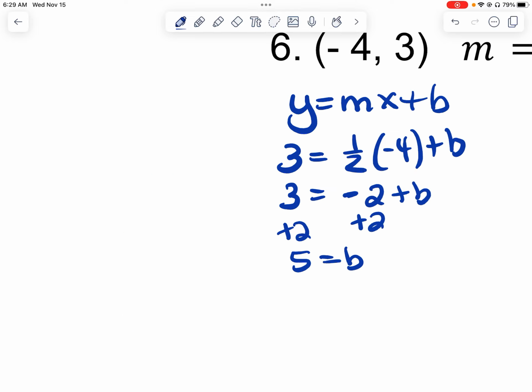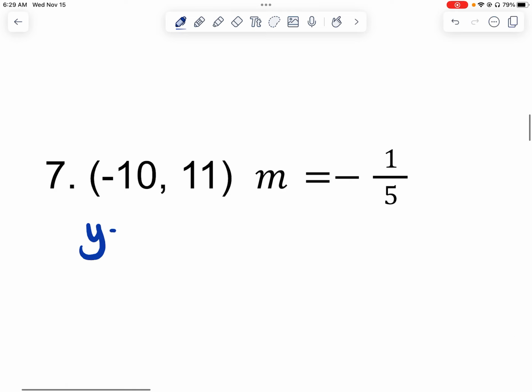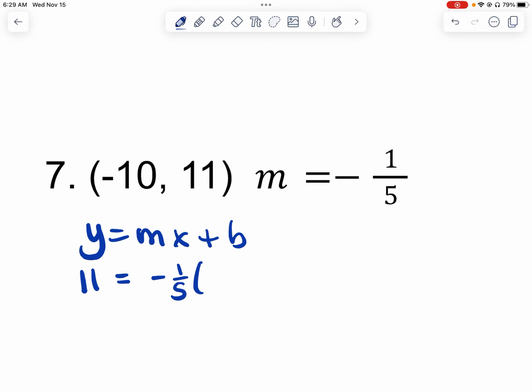Number 7. Again, y equals mx plus b. Replace my y with 11, my m with negative 1/5. My x is negative 10 plus b.